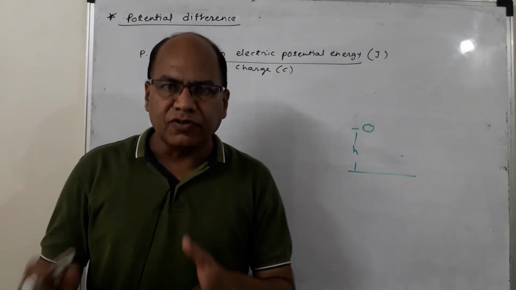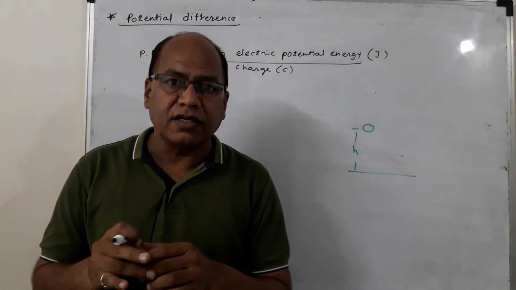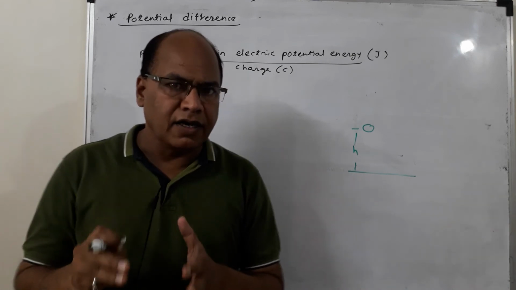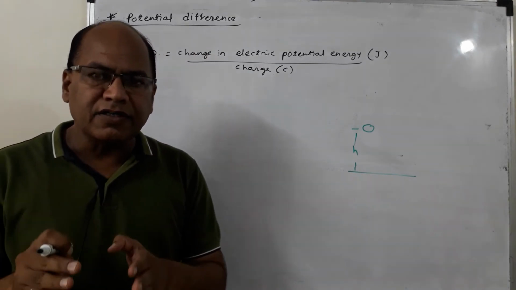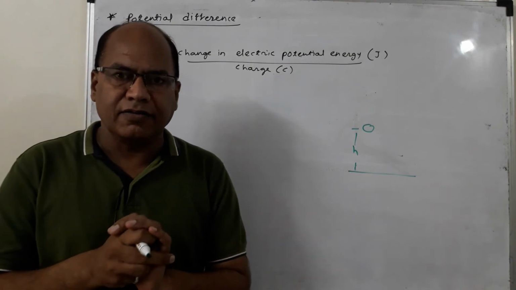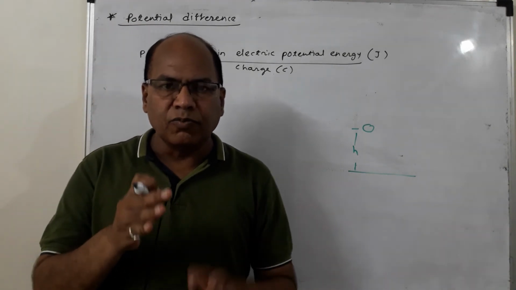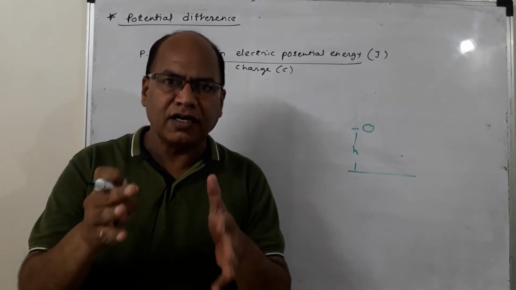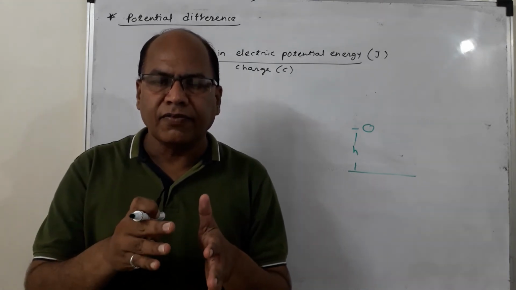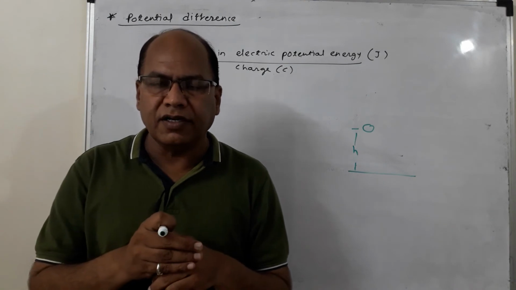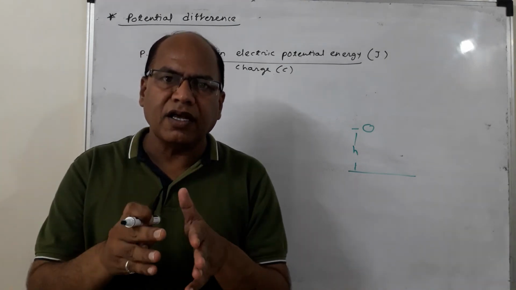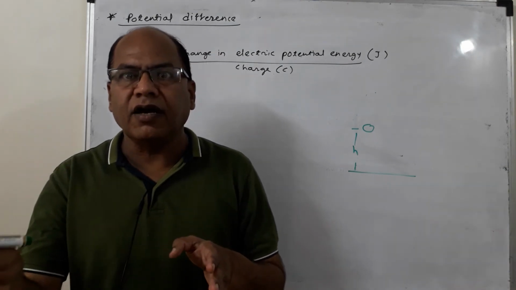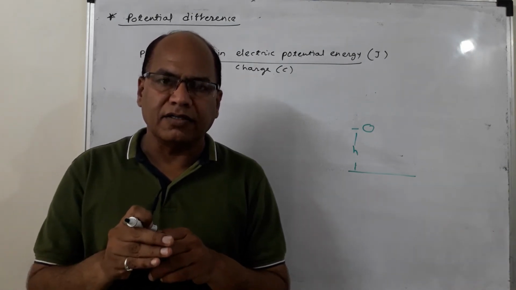Similarly, the position of a unit charge in an electric circuit gives an electric potential energy to that charge. If this charge moves from an initial position A to a final position B, at A it will have some electric potential energy, and at B it will have some electric potential energy.